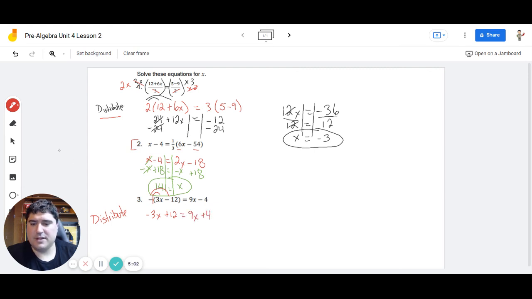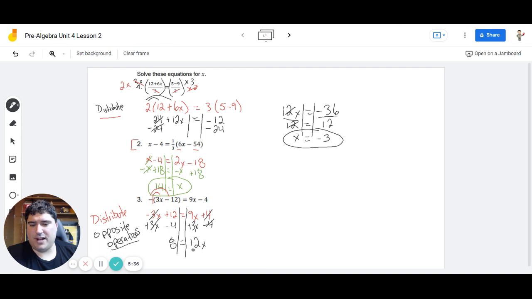plus 4. Now we can equal sign highway and solve our two-step equation. So draw our equal sign highway, plus 3x, right? Plus 3x, minus 4, minus 4. These are opposite operations, remember. Okay, so these cancel out and these cancel out, and you're left with 12 minus 4, that's 8, equals 9x plus 3x, that's 12x.